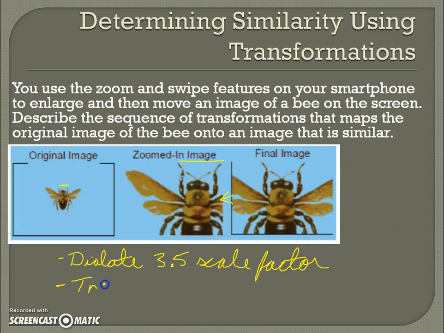So then we just say translate to the left. Because we don't have a coordinate plane or anything to describe it with numbers, we just use the directions that we all know here. All right, so dilate 3.5 scale factor and then translate to the left. That's all you're really doing: how can I get from this to this using different transformations as my description.